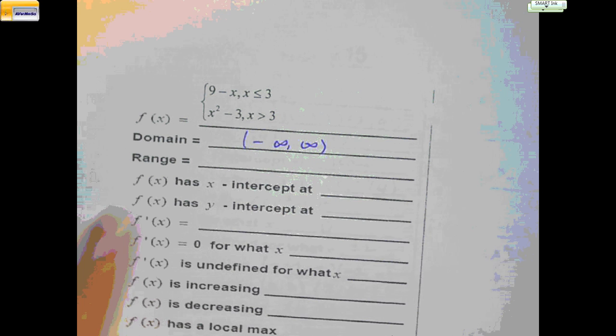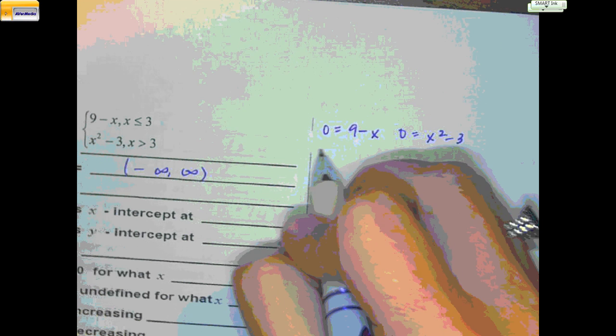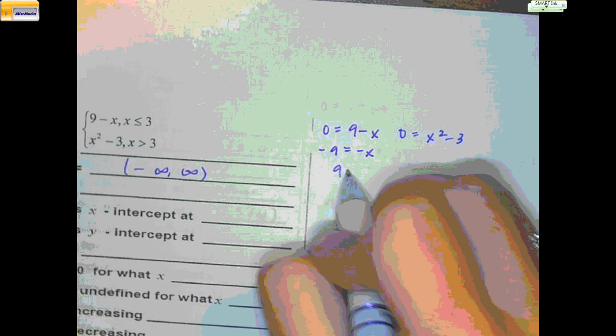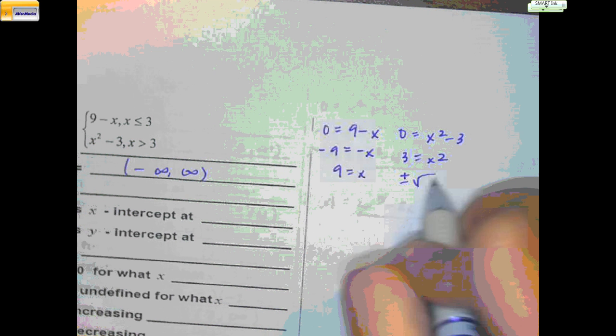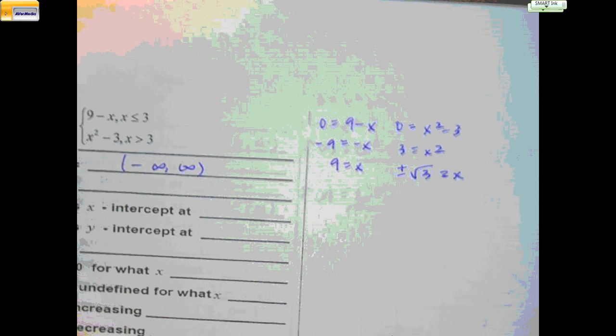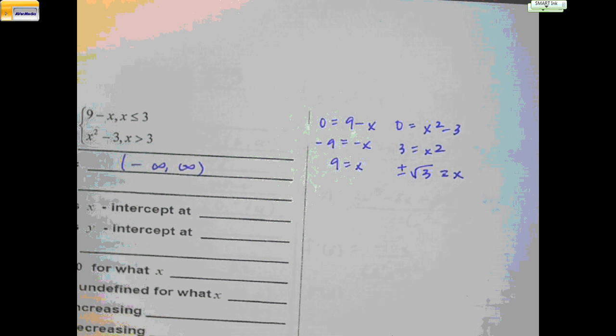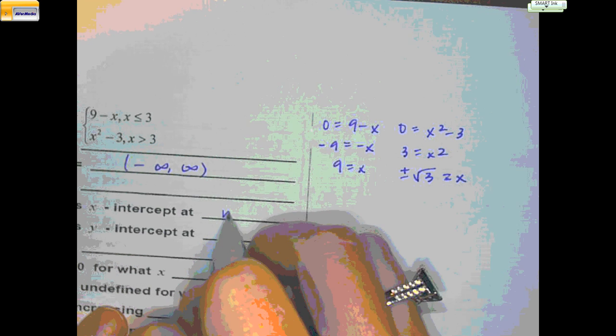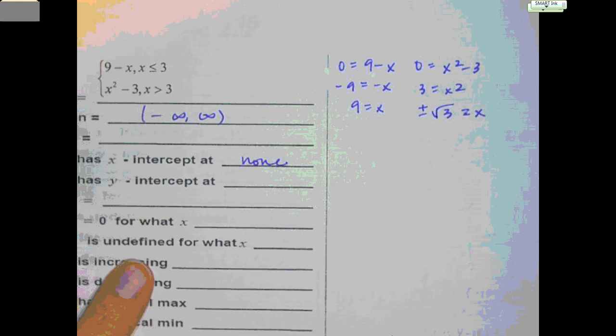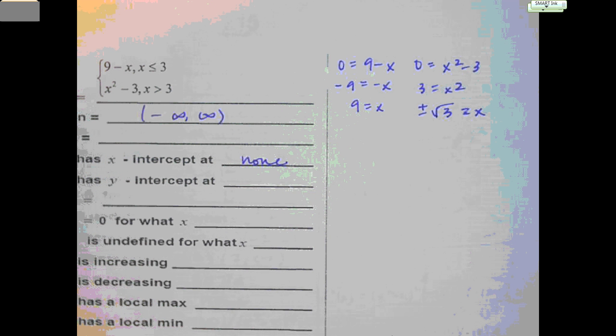The x-intercept is where we set y equal to 0. So I have 0 equals 9 minus x, and 0 equals x squared minus 3. Why did I write none even though I got 3 answers?